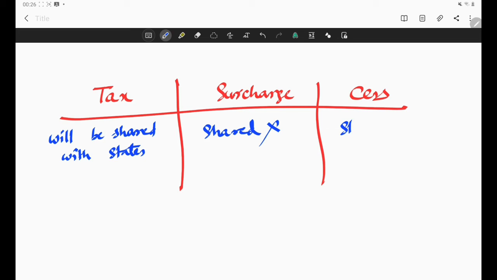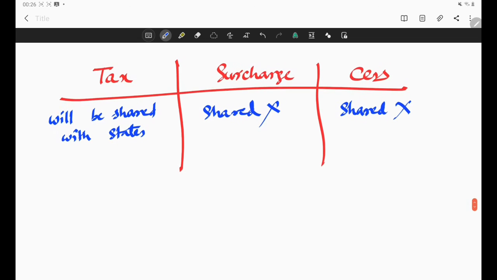Cess will also not be shared. So this is the first major difference between tax and surcharge and cess. Surcharge and cess are not shared, but tax will be shared. Even though it is collected by the central government, a certain amount of this tax should be shared with state governments. But surcharge and cess are not shared.